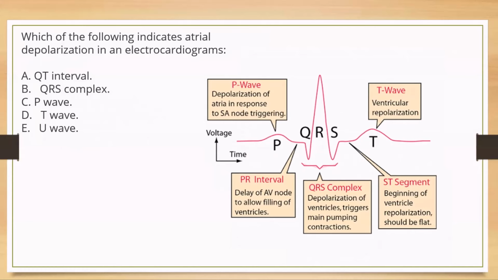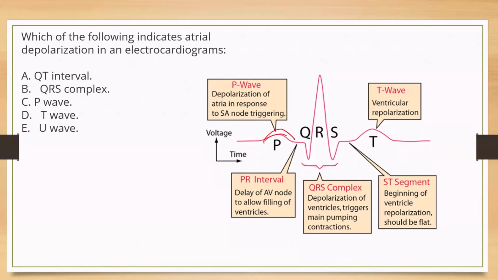Anytime there's an impulse, the first thing to depolarize is the atria, and that produces a positive deflection called the P wave, and hence it goes up. So the P wave stands for depolarization of the atria.